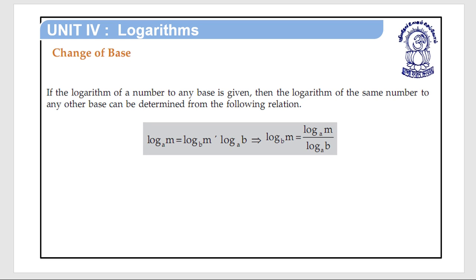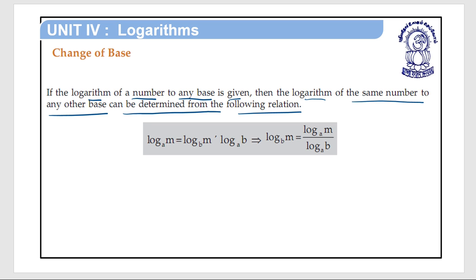Next, change of base. If the logarithm of a number to any base is given, then the logarithm of the same number to any other base can be determined from the following relation.